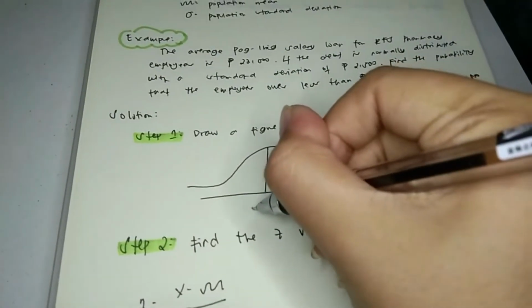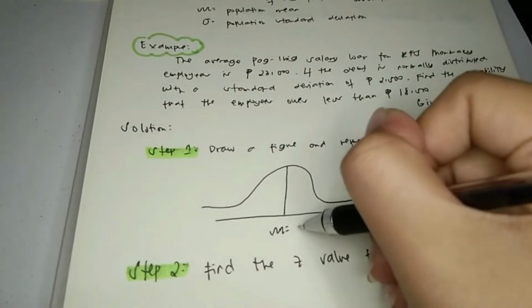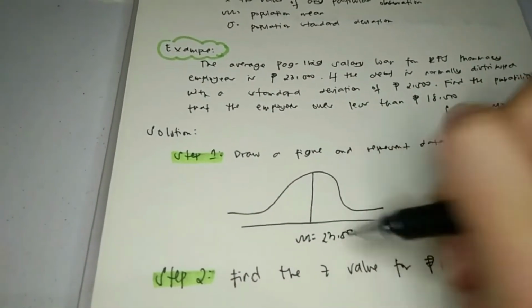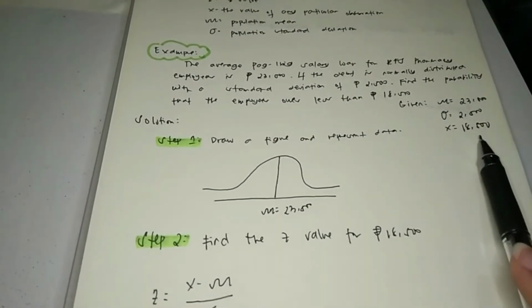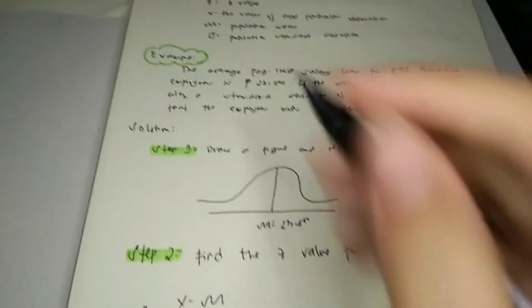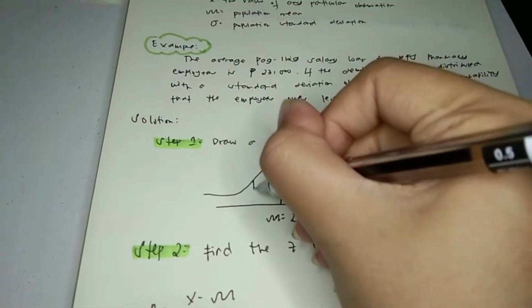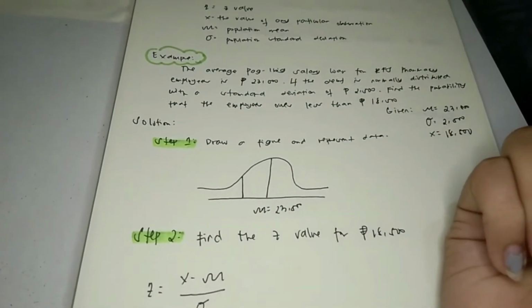So, ilalagay natin mu is equals 23,000. Yung hinahanap natin, si x, 18,500 or yung probability. So, pwede natin sabihin na nandito siya, si x.